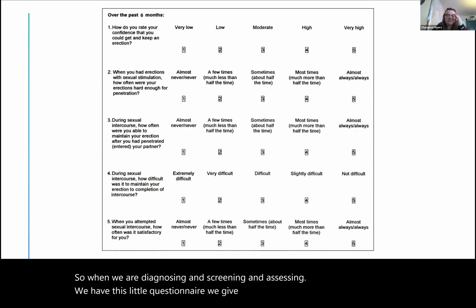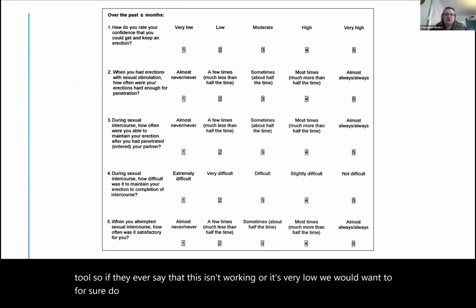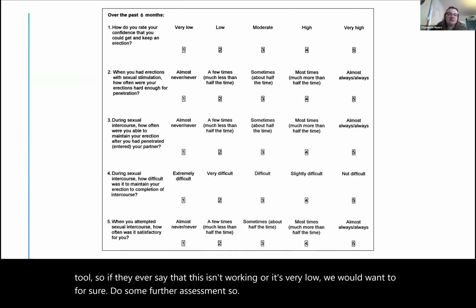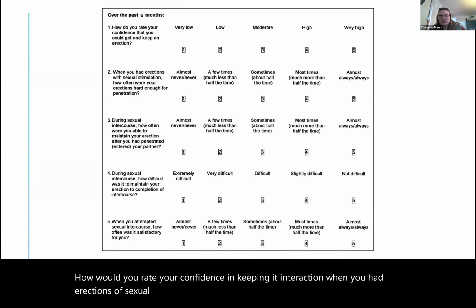So when we're diagnosing, screening and assessing, we have this little questionnaire we give them. It's 5 questions and they can score their points based on this. So we want to start with a screening tool. If they ever say that this isn't working or it's very low, we would want to do some further assessment. How would you rate your confidence in keeping an erection? When you had erections with sexual stimulation, were they hard enough for penetration?